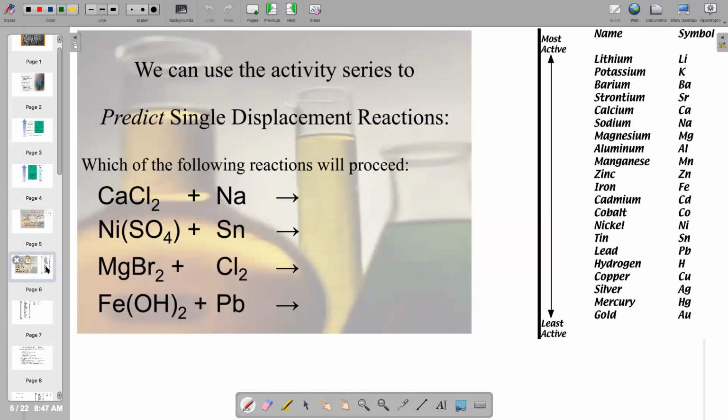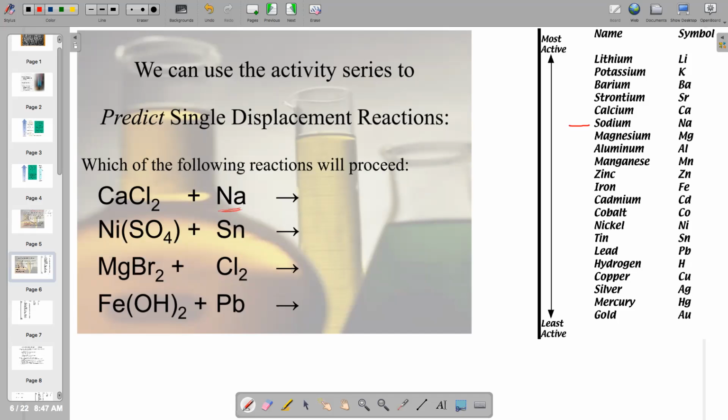Okay, so here are some other examples. These are examples that are right in the stapled-together slide packet. These are possible reactions that could happen, and all we want to do is determine whether the reaction will take place or not. So for this element here, Na, that's sodium, where is sodium on the chart?